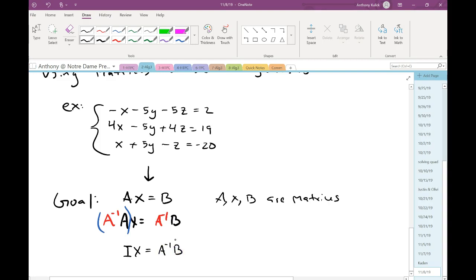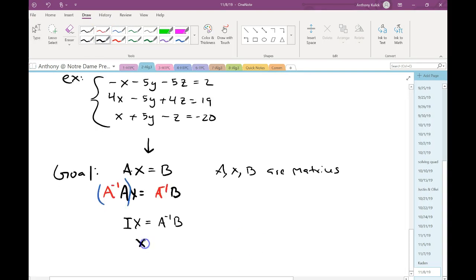That's just the identity, by definition. And I know that anything times the identity remains the same. So if I'm able to translate my system above into a matrix equation like that, I can solve it by following the process we just described.